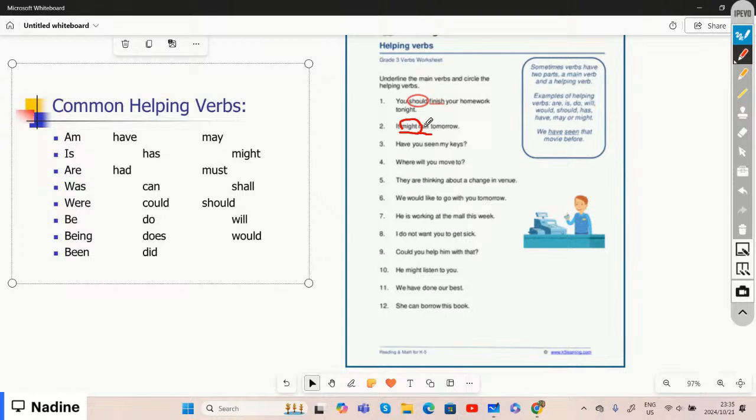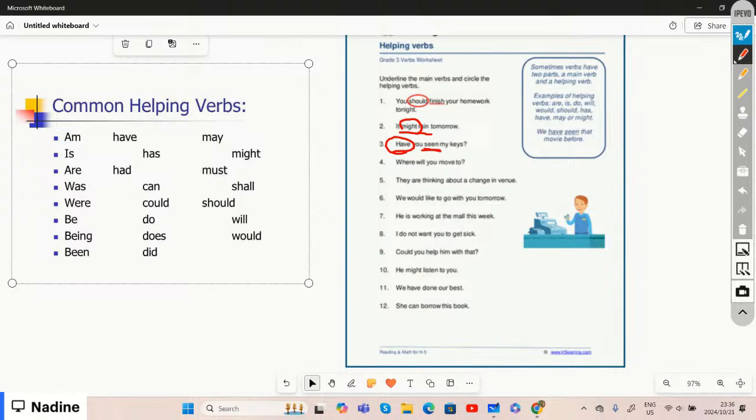If we were to select our main verb, then we can say it's seen. And then the helping verb is have. Sorry, have is our helping verb, and seen is our main verb.